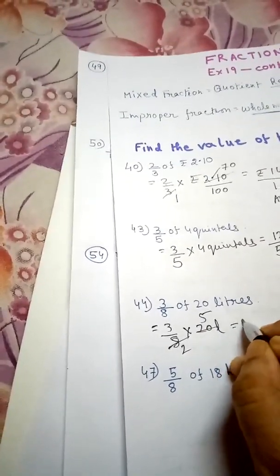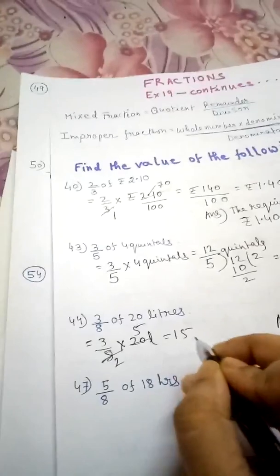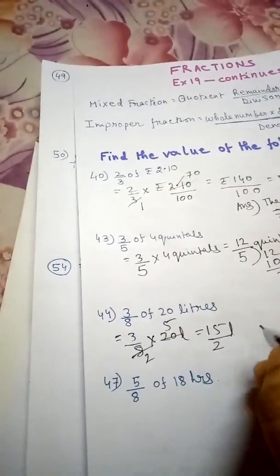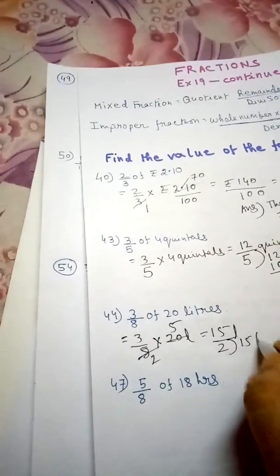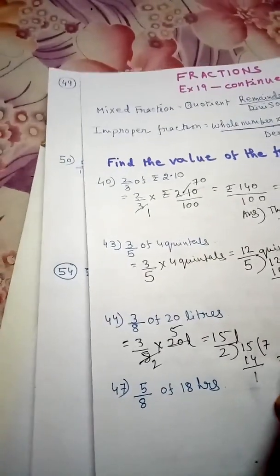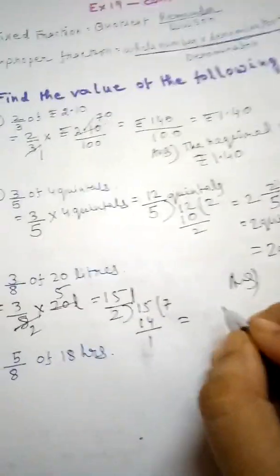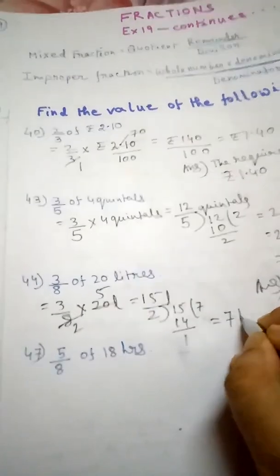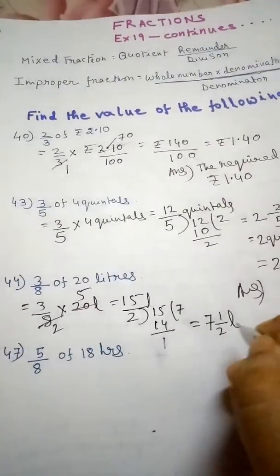So this is equal to 15/2 liter. So convert into mixed fraction. So this is equal to 7 whole number 1/2 liter.